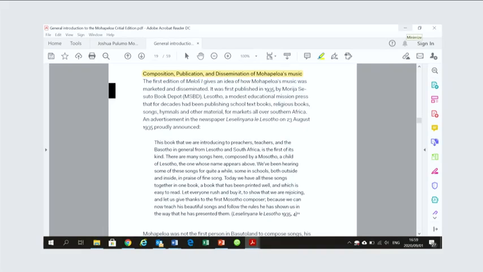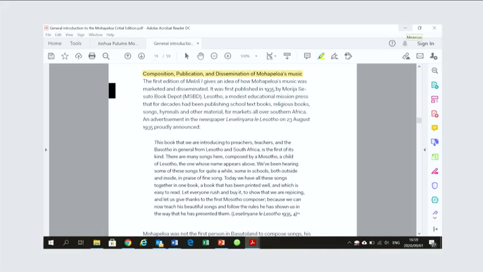Now, if you look at the little indented paragraph, you'll see it says, this book that we are introducing to preachers, teachers, and Basotho in general from Lesotho and South Africa is the first of its kind. There are many songs here composed by a Mosotho, a child of Lesotho, the one whose name appears above. We've been hearing some of these songs for quite a while, some in schools, both outside and inside, in praise of fine song.